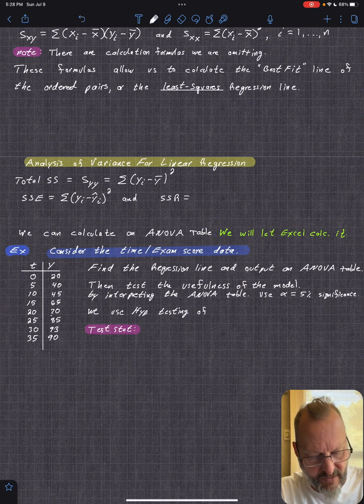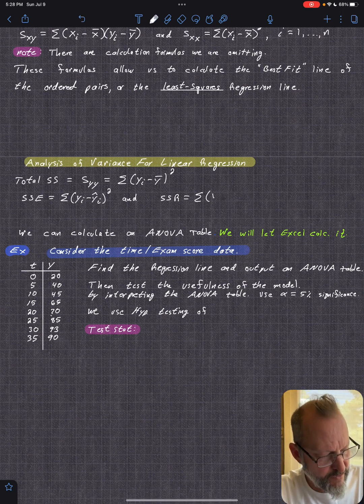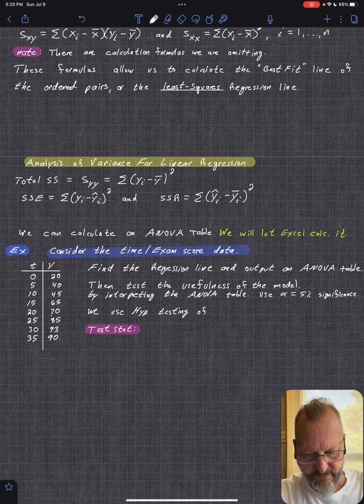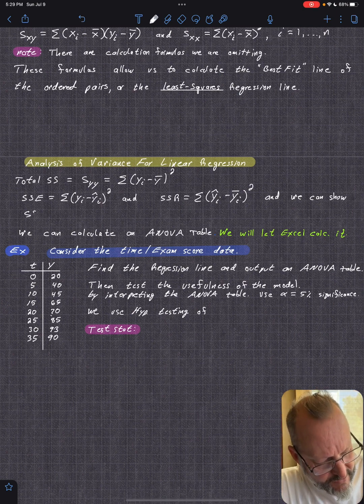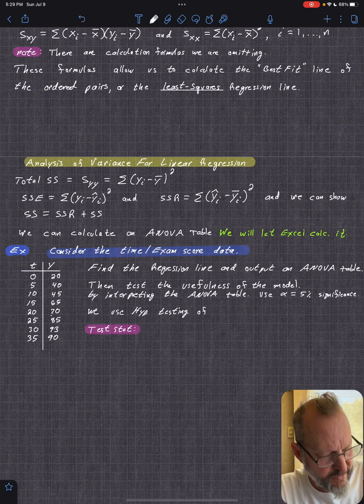And SSR, this is what we would have seen back in the ANOVA material: y hat sub i minus y bar, squared. And we can show that SST is equal to SSR plus SSE.